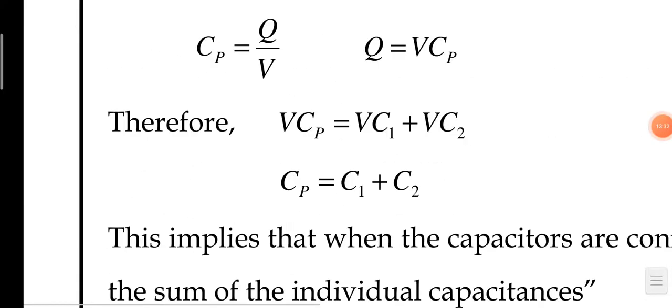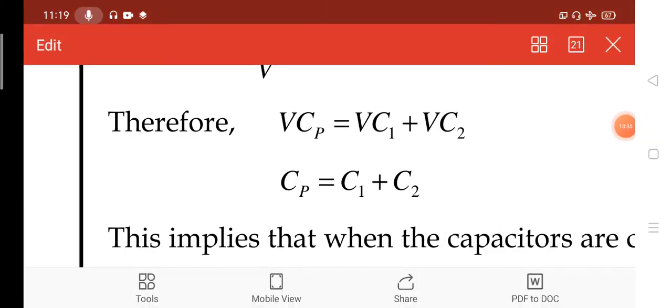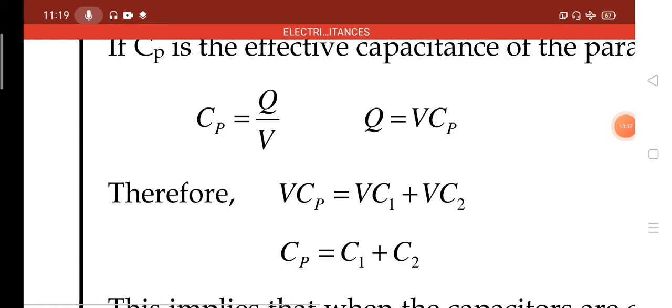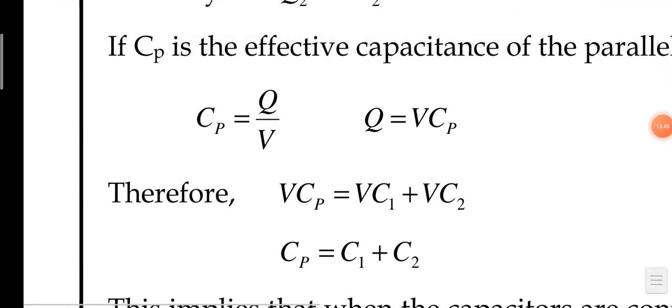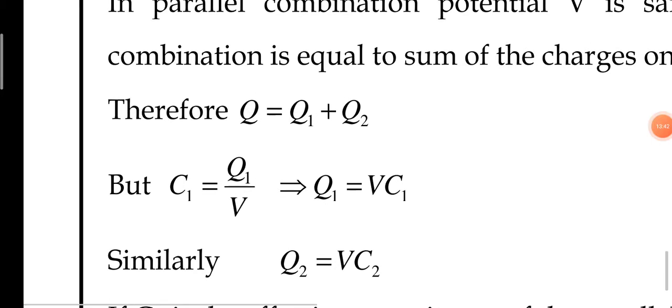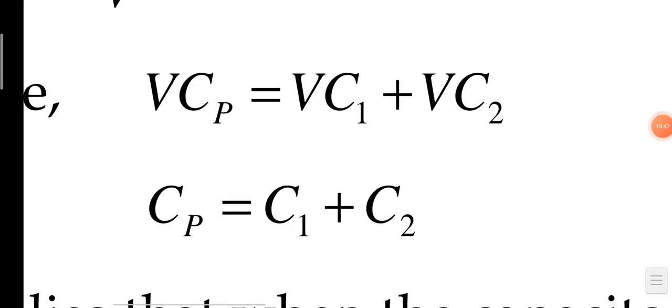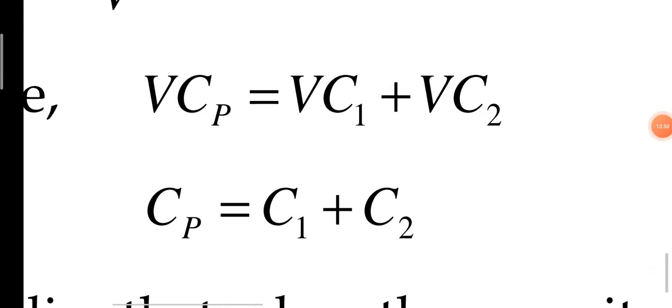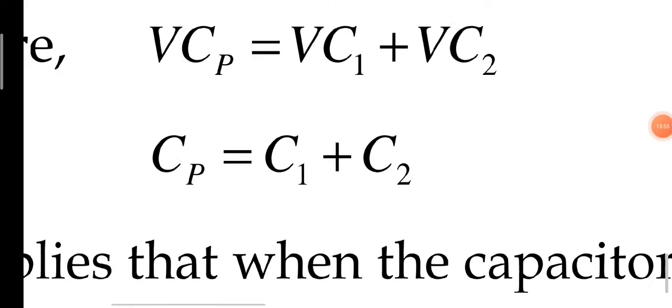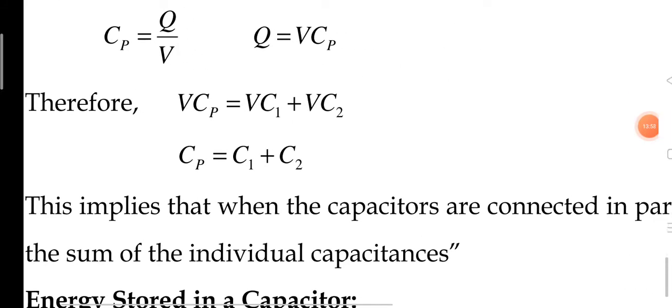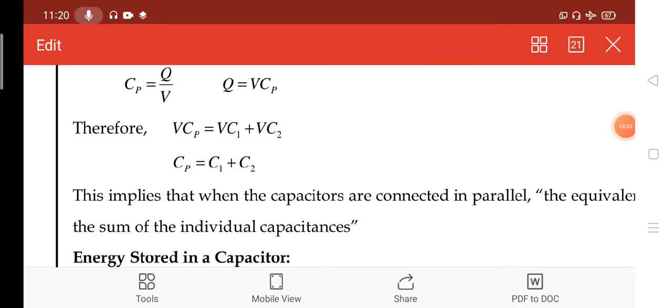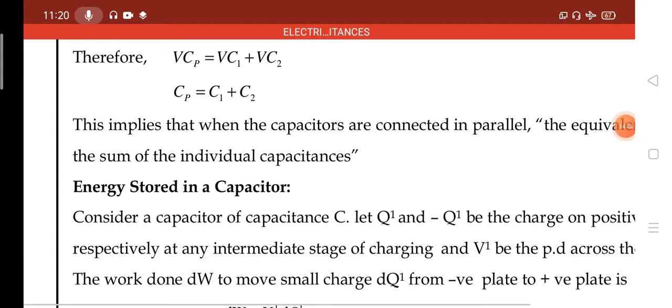Then the effective capacitance is Cp equals Q by V, so Q equals V Cp. Substituting Q, Q1, Q2: V Cp equals V C1 plus V C2. V cancels on both sides, so Cp equals C1 plus C2. That means in parallel combination, the effective capacitance is the sum of the capacitances of the individual capacitors.